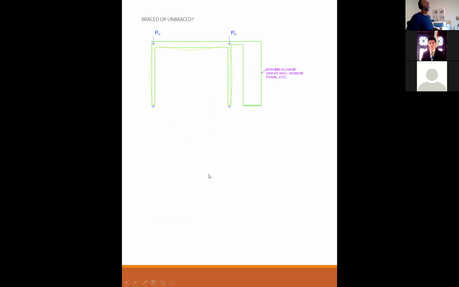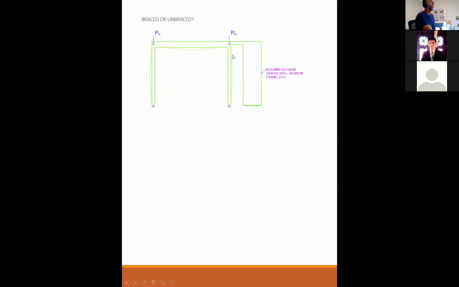Braced or unbraced? Okay, so here's the question we've been talking about. If your column is part of a system that is braced by something else, a shear wall, moment frame, brace frame, whatever, then as these deflect, notice that they can't laterally deflect.